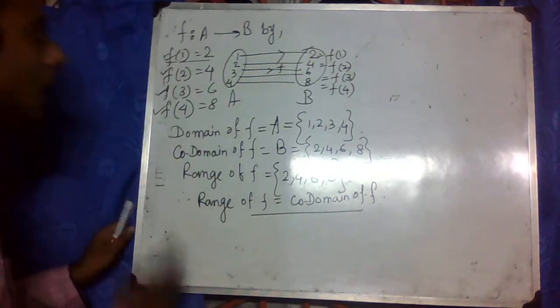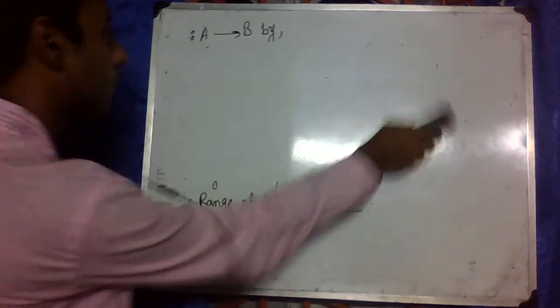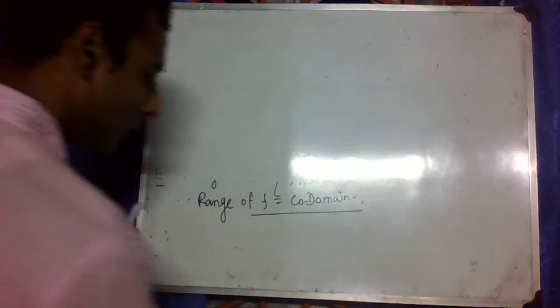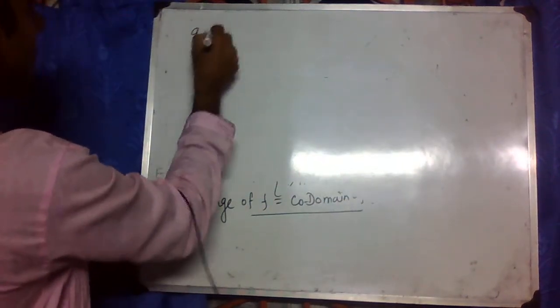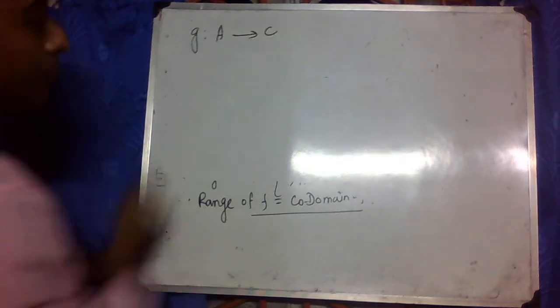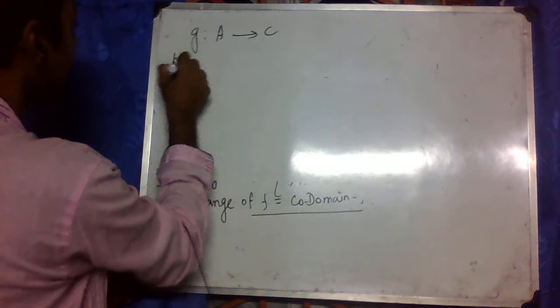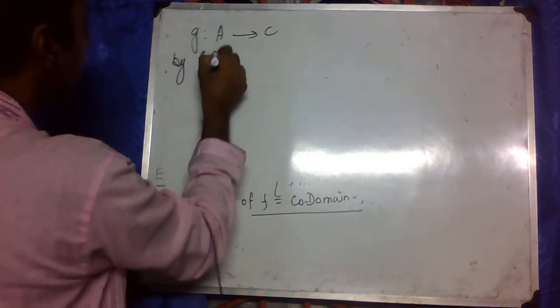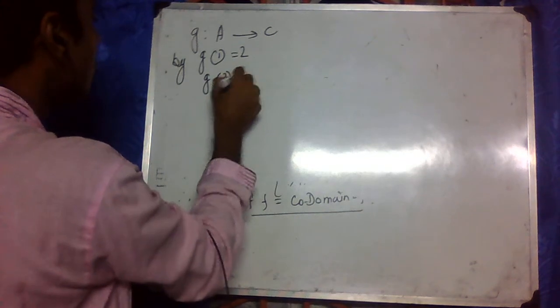Now we consider another example. Define g by g of 1 equal to 2, g of 2 equal to 4.